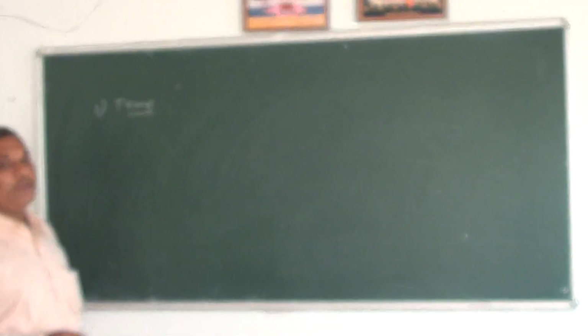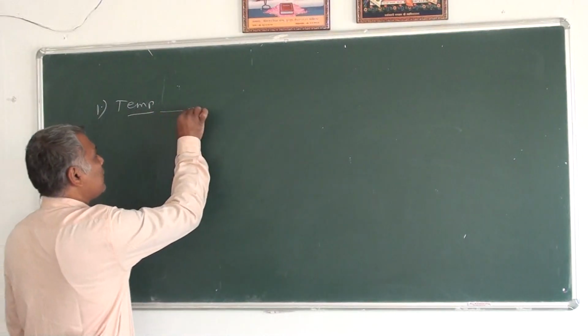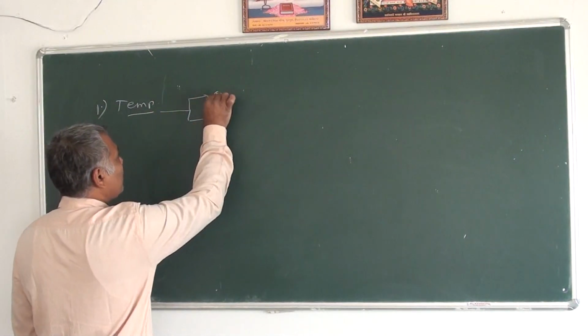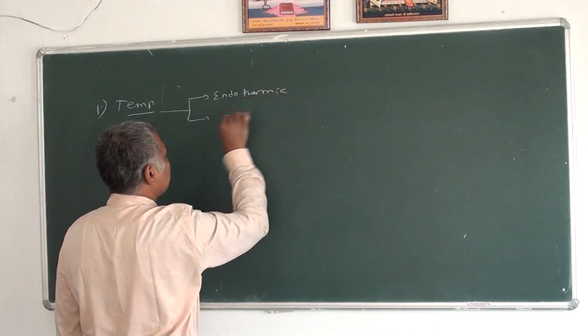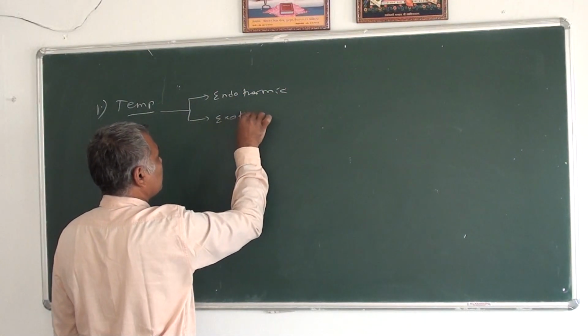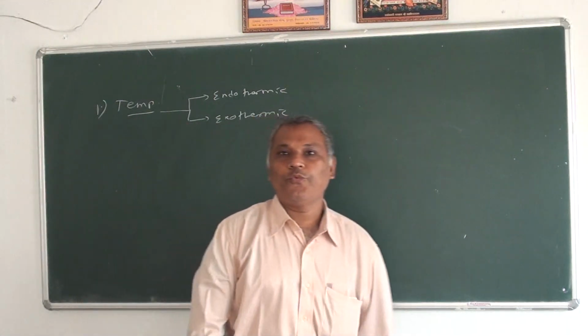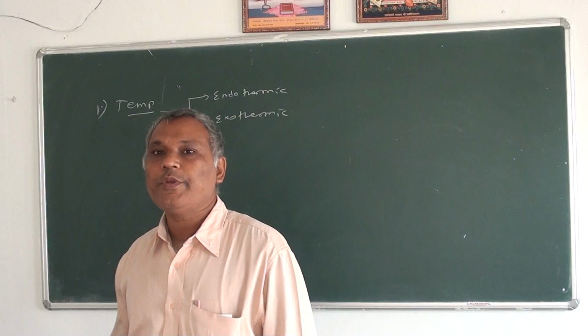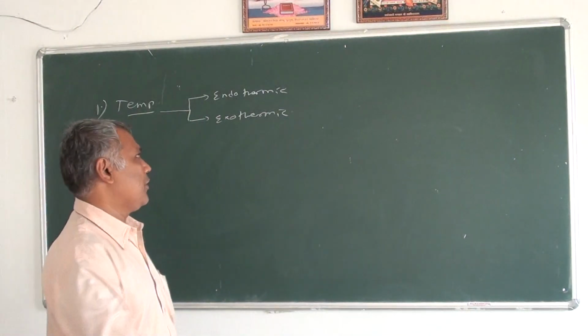When you are going for the effect of temperature, you will have to recognize whether the given reaction is endothermic or exothermic. The very first thing is the reaction should be known to us whether it's endothermic or exothermic.